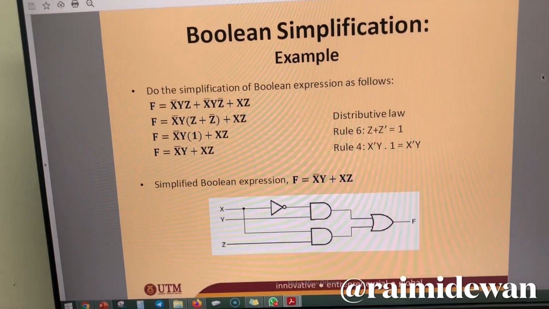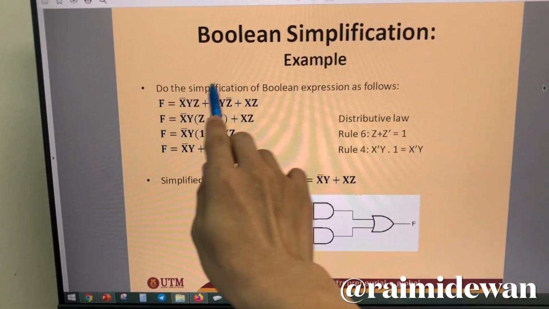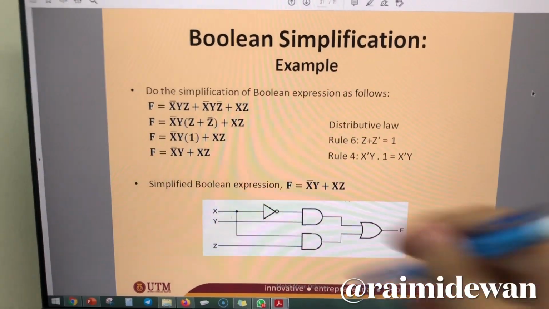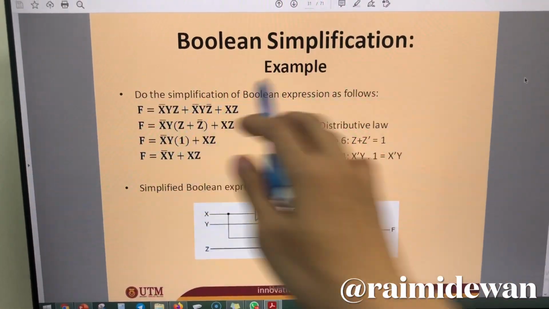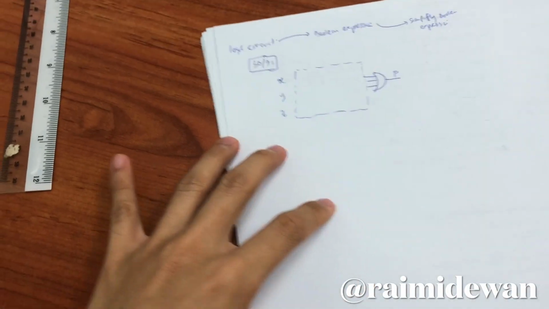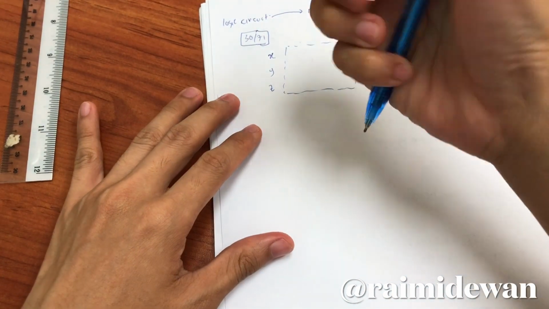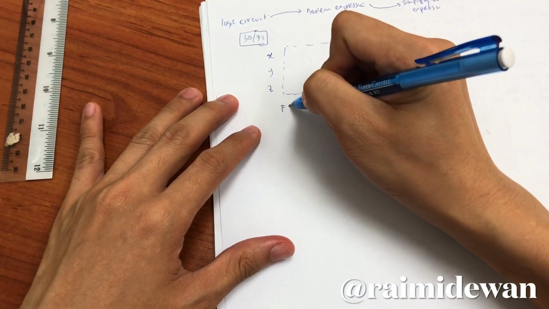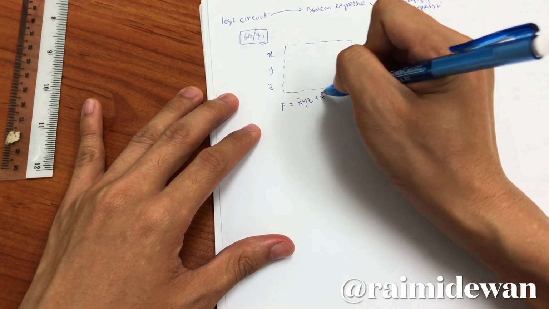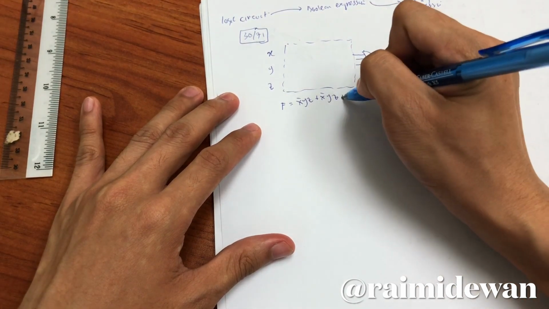Then from here, this is the obtainable Boolean expression. So you obtain the Boolean expression for the logic circuit, which is f equals x bar y z plus x bar y z bar plus xz.